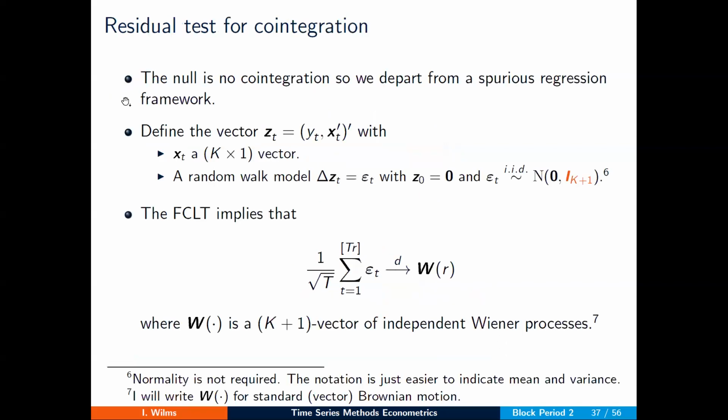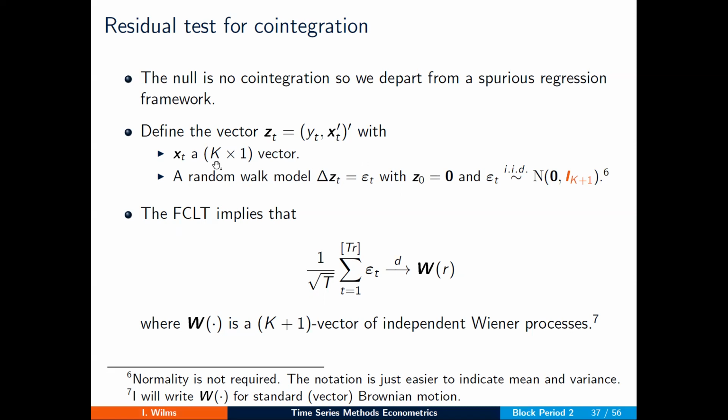So in order to set up our cointegration test, it is crucial to remember that under the null, we do not have cointegration. So in other words, we start from the spurious regression framework from last week. Define also this new vector z_t that collects y_t and x_t and is then of dimension k.